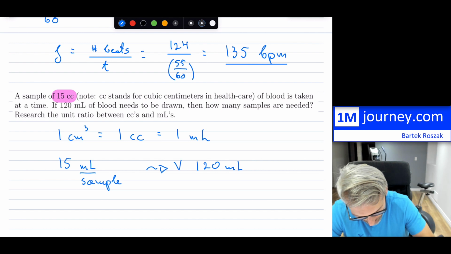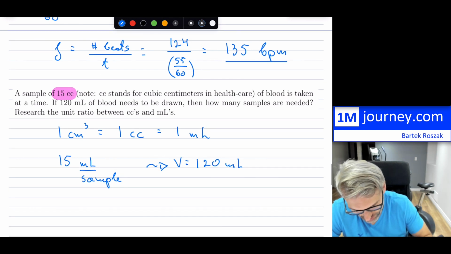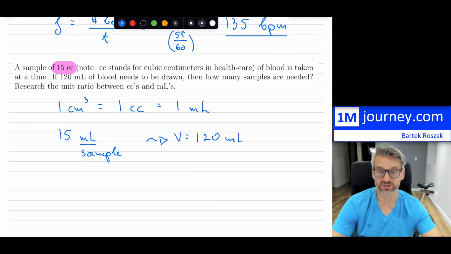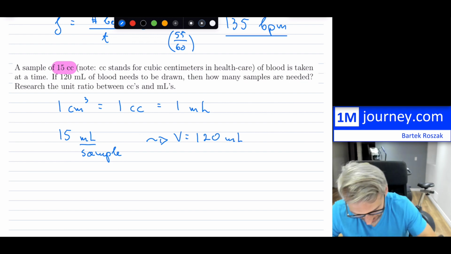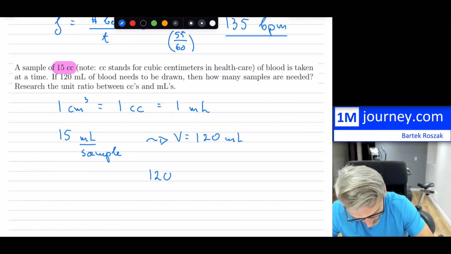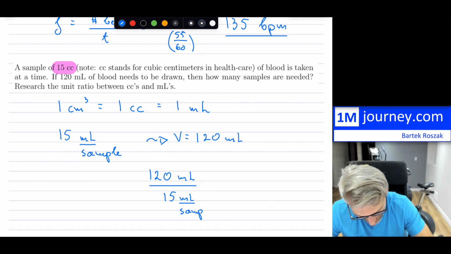This is volume, right? So what we're going to do is divide the two, so the units will cancel and tell us exactly how many samples we need. This is 120 milliliters divided by 15 milliliters per sample. The milliliters are gone, and the samples go back up to the numerator.